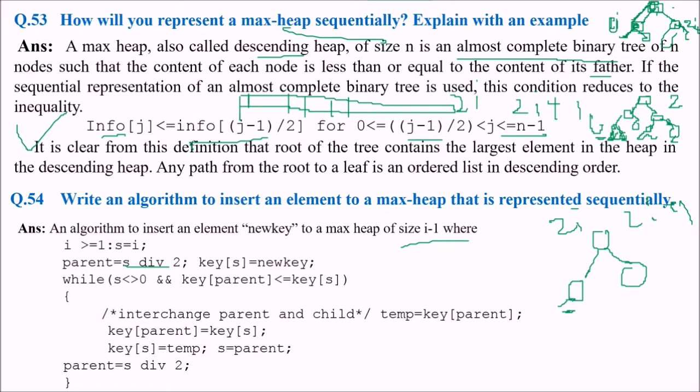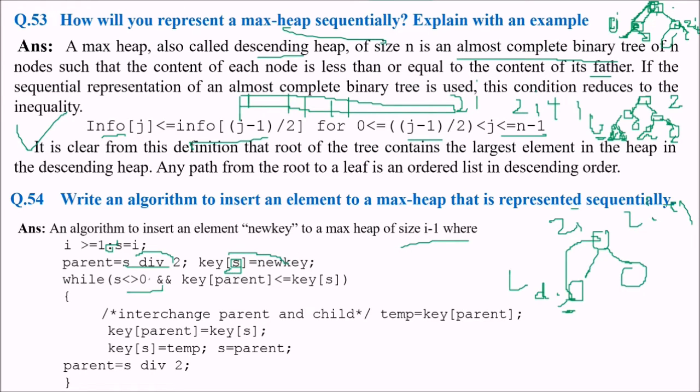But if we are at this node, how can we find the parent? This is done by S division 2. We divide by 2, take the floor or ceiling, and you can get the parent. So for each S, the parent is S division of 2, and this new key will be entered at position S.